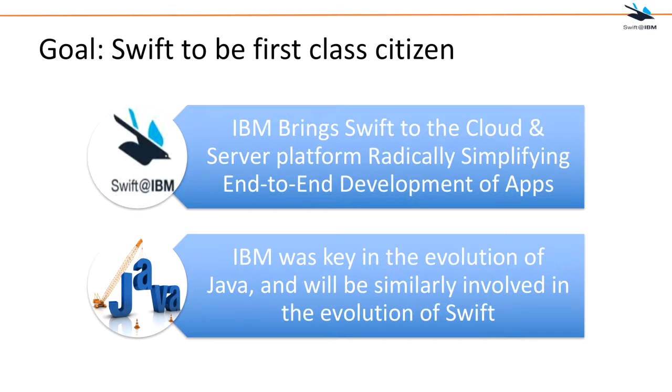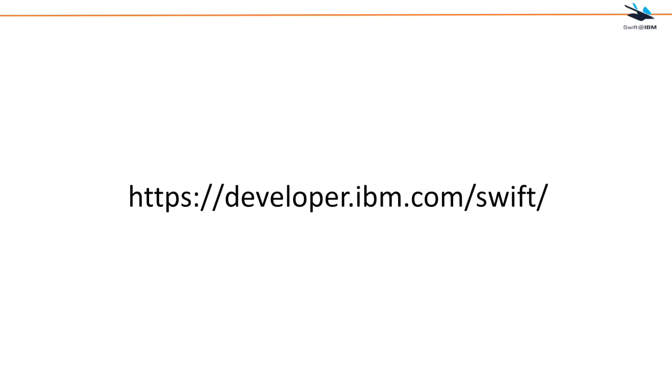And our promise is built on our success from previous experiences. As IBM was involved in the evolution of Java and making sure it is really successful in all platforms, IBM is also making the same commitment and the same involvement in the evolution of Swift to make sure it is a first-class citizen in the server platforms.